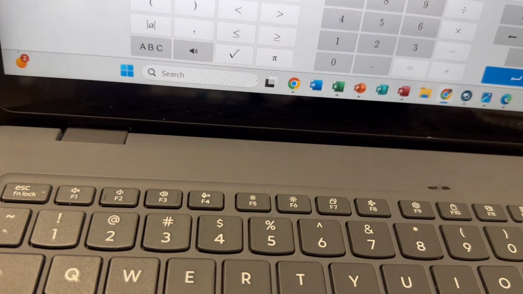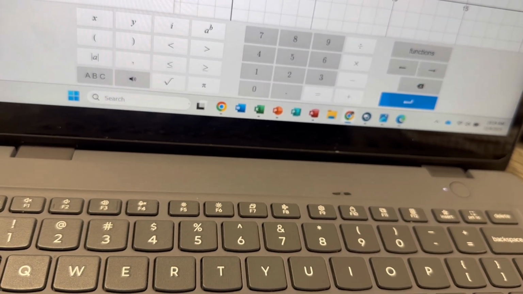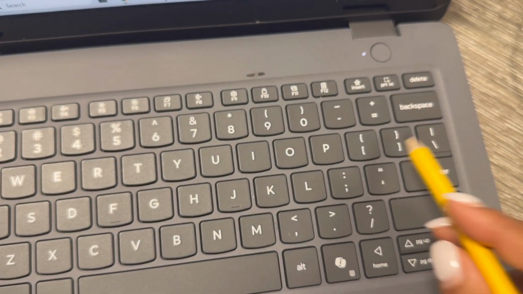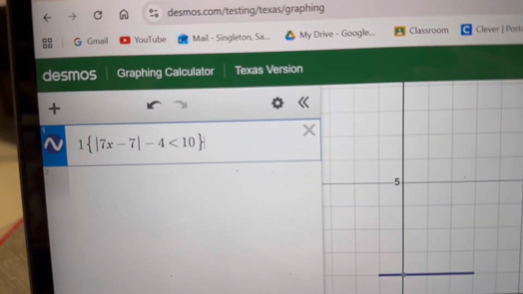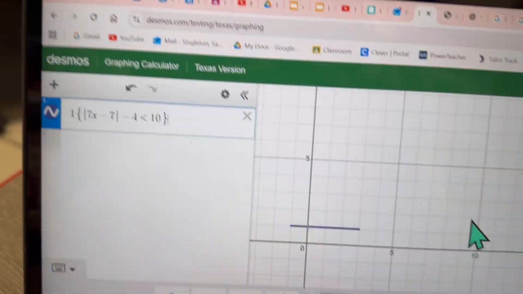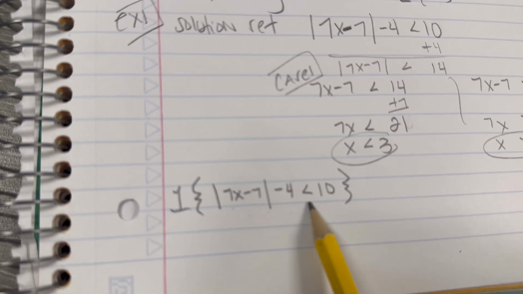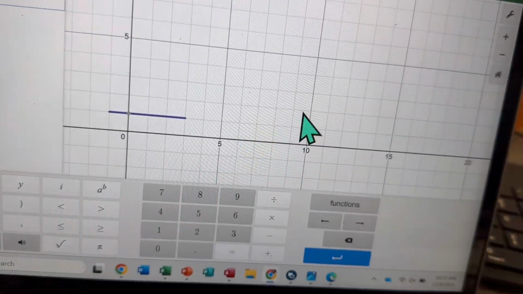And then a curly bracket. You can also find the curly bracket somewhere in here as well, but shift curly bracket. So double check your entry, make sure it's correct. 7x minus 7 minus 4 less than 10. Okay, and there's your answer.